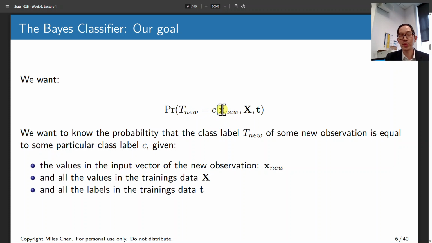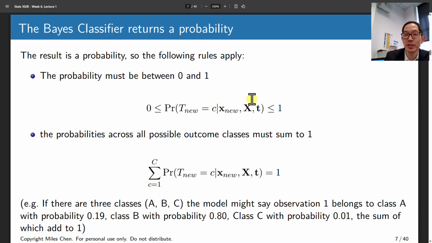That is going to be based on, or given, the features or the values in our input vector, which we'll call x new, as well as given all of the training data that we have so far. So this is what we want to find: the probability that an observation belongs to class C given its input values in x new, as well as all of the training data in x and t.